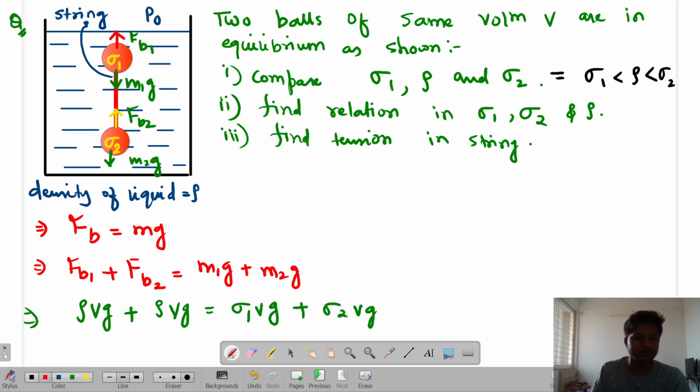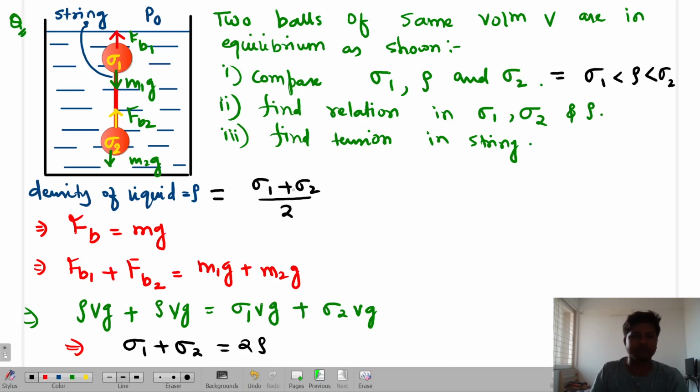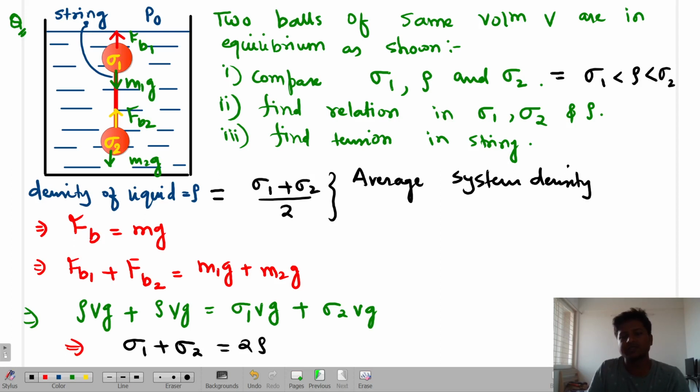So V and g cancel, and sigma 1 plus sigma 2 is equal to twice rho. So the density required for such a condition must always be sigma 1 plus sigma 2 divided by 2, which is equal to the average system density. That means if a whole system has to float, the liquid's density must equal the system's average density.